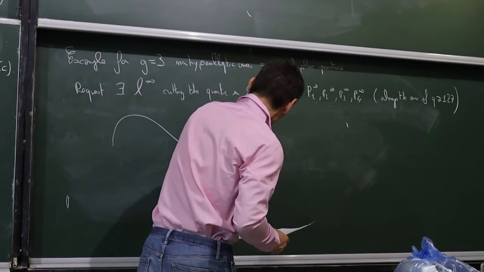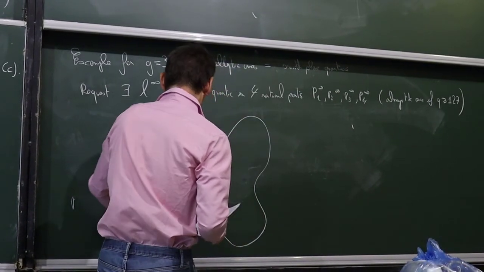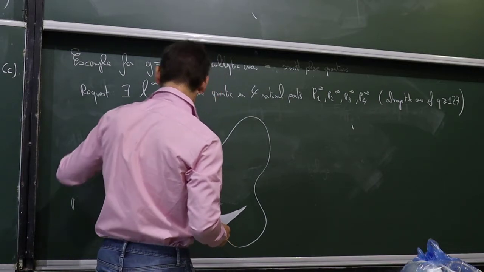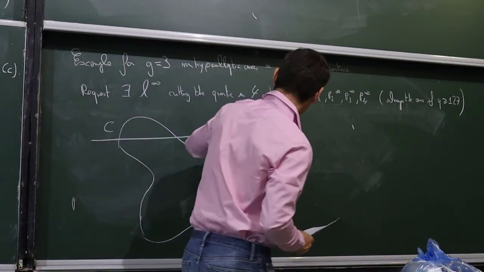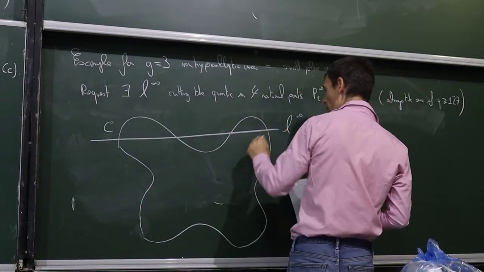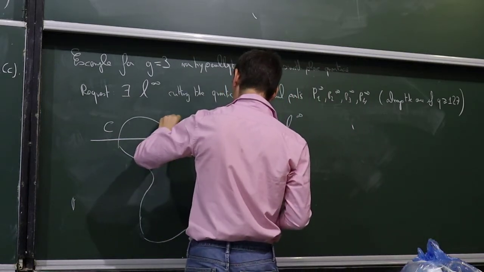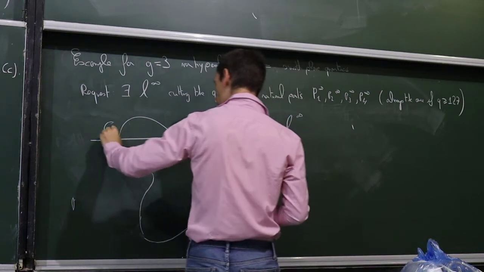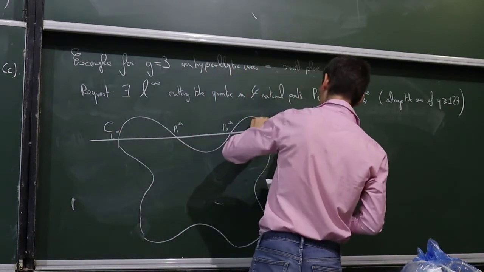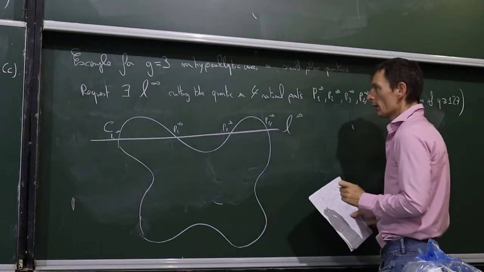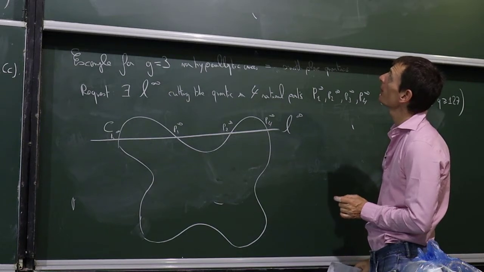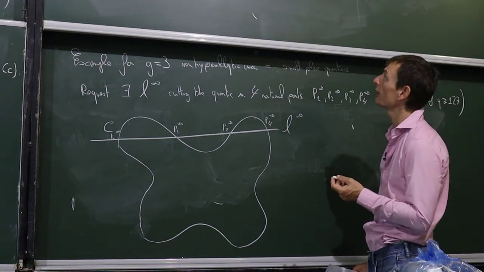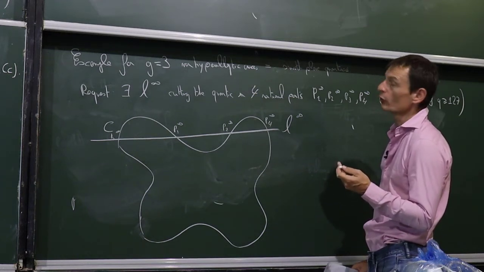So now let me draw my quartic C, and I have a line L infinity that cuts the quartic in 4 points. And because this lemma that I just gave doesn't really depend on the fact that one uses g D0, what really matters is that you have something which is of degree g.